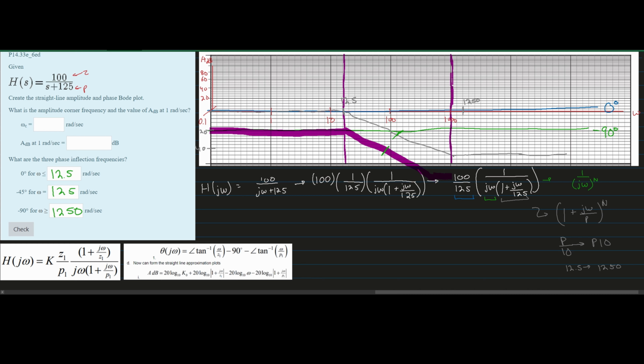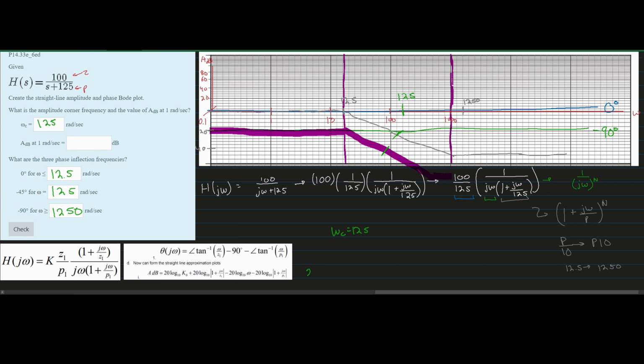Now we're going to tackle the first part. This WC is going to be equal to this part right here. And we know that this is 125. So our WC is equal to 125. And then our AWB at 1 rad per second is going to be the following. Let's look at this part down here. We have our AWB, and what this is going to be is this first part.